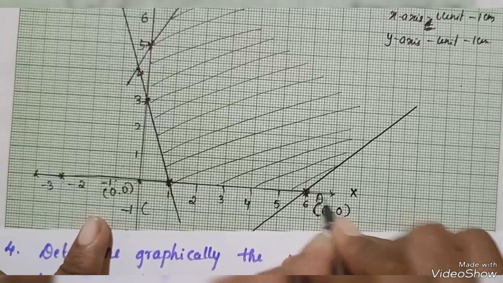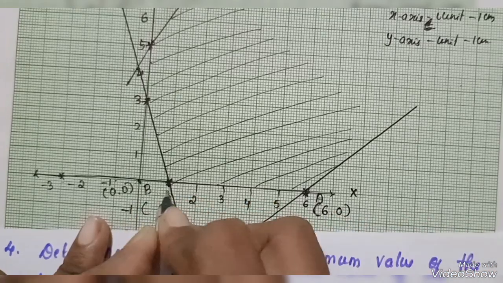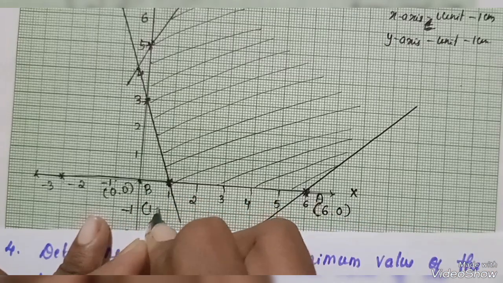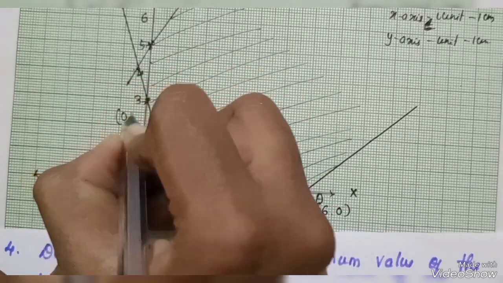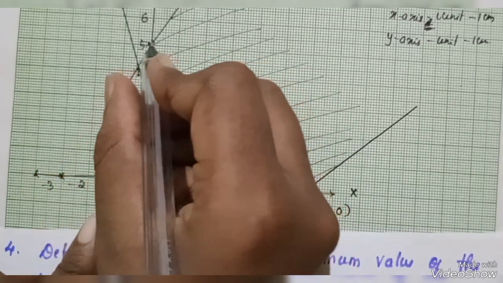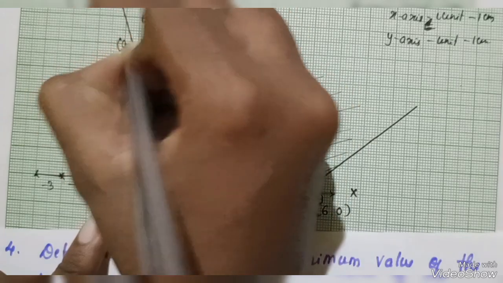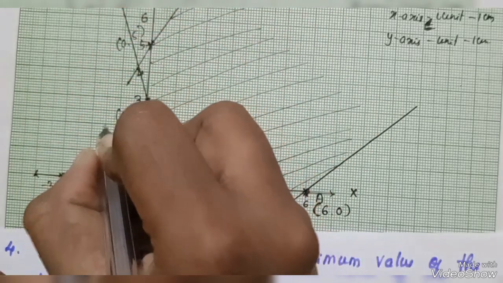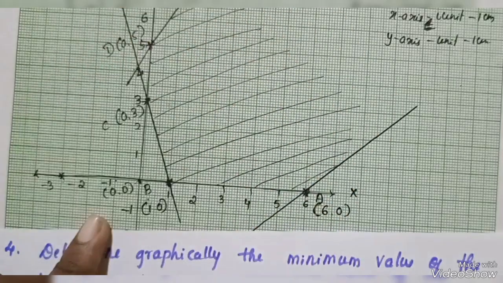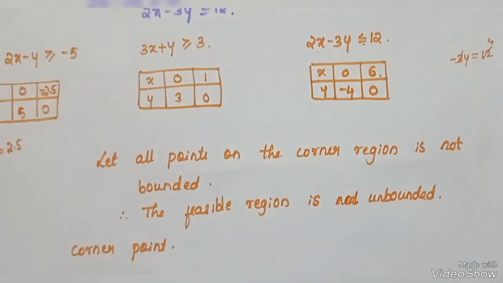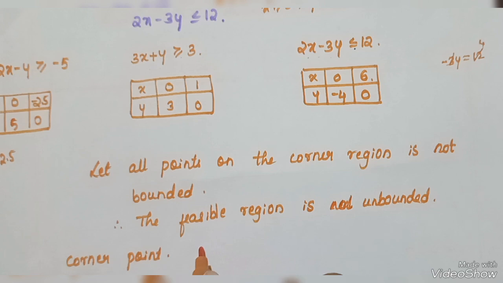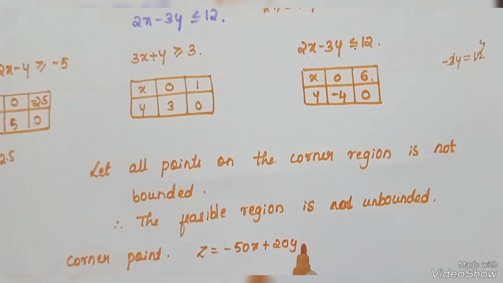This is A, this is B. Here x is 1, y is 0, and another point x is 0, y is 3, and one more point x is 0, y is 5. These are C and D, the corner points. The objective function is z equals minus 50x plus 20y.